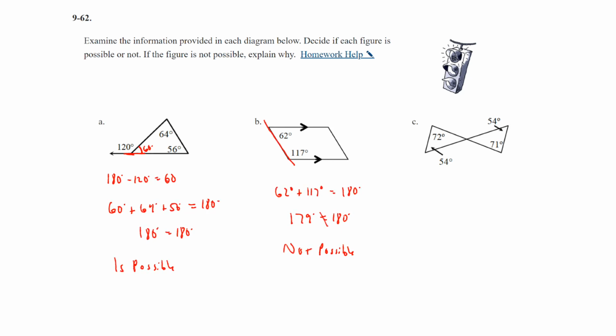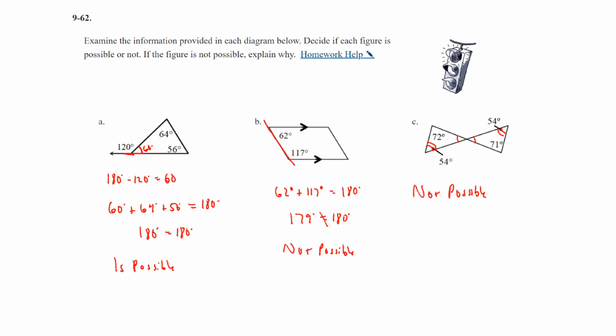Part C, we have 72 and 54 on this triangle. This one says 71 over here. These two are vertical angles, so they should be the same, and they're not going to be the same because we have 54, so these are congruent right here, but then 71 and 72, so those two values right there are not going to be equal, so therefore this one is not possible as well.